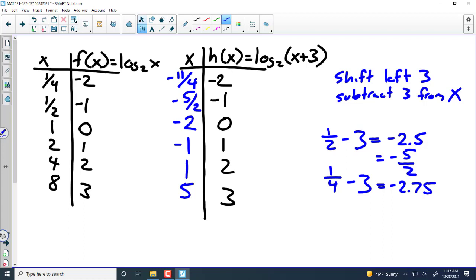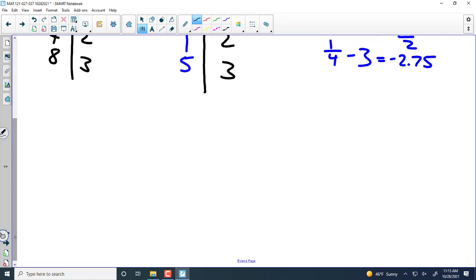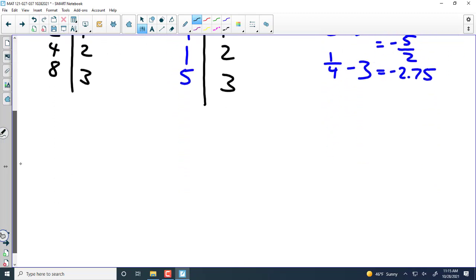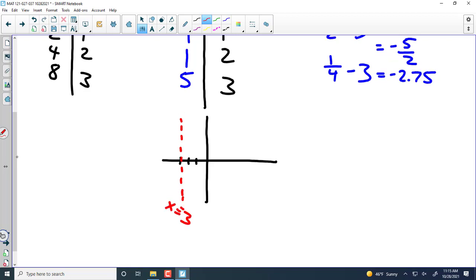And what that's going to do, everyone, is it's going to take the entire graph and move it over 3 units. X equals negative 3.